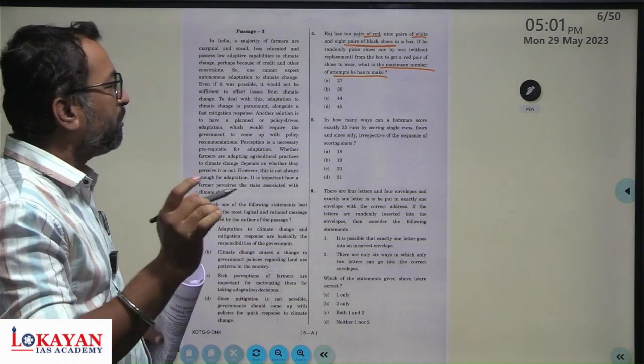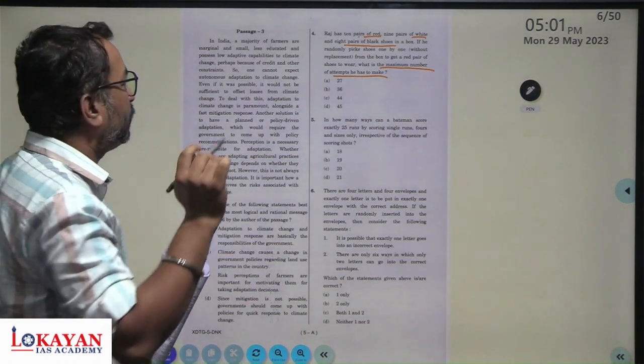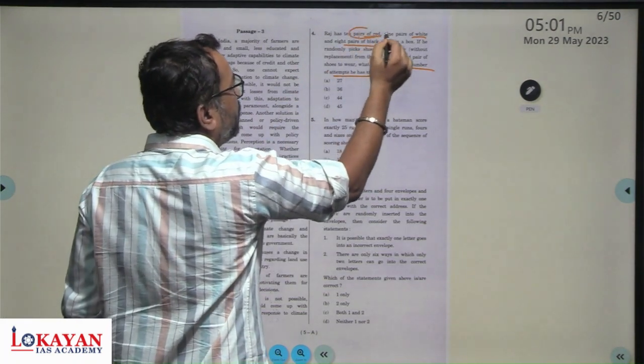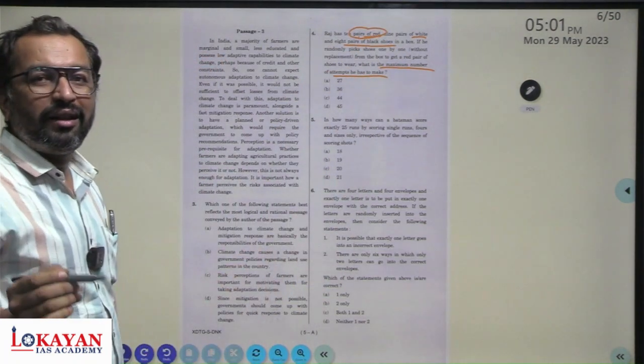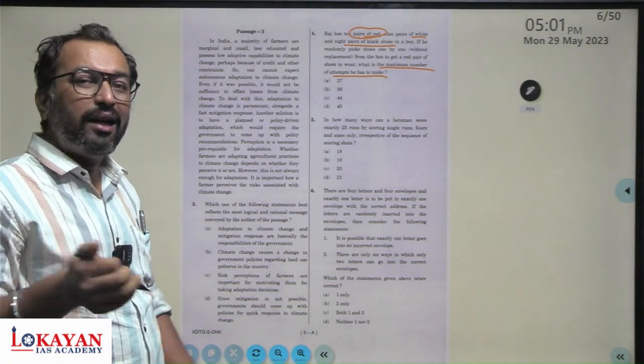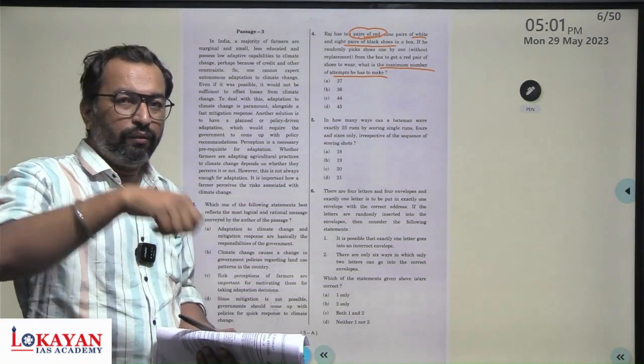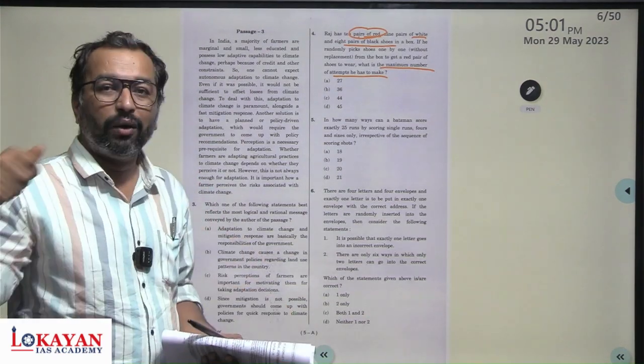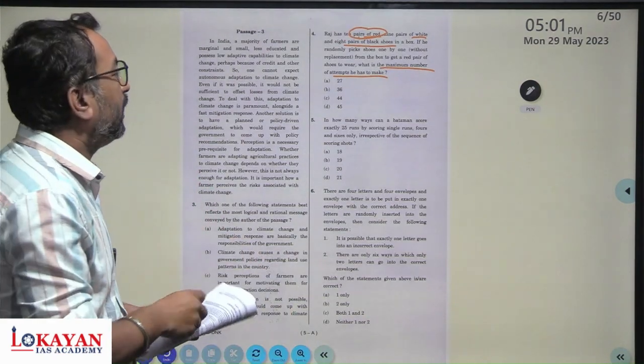Now Raj has 10 pairs. Pay attention. In the given information, they have used pairs, and while picking the shoes, he is taking them one by one. So we have to take that into consideration.